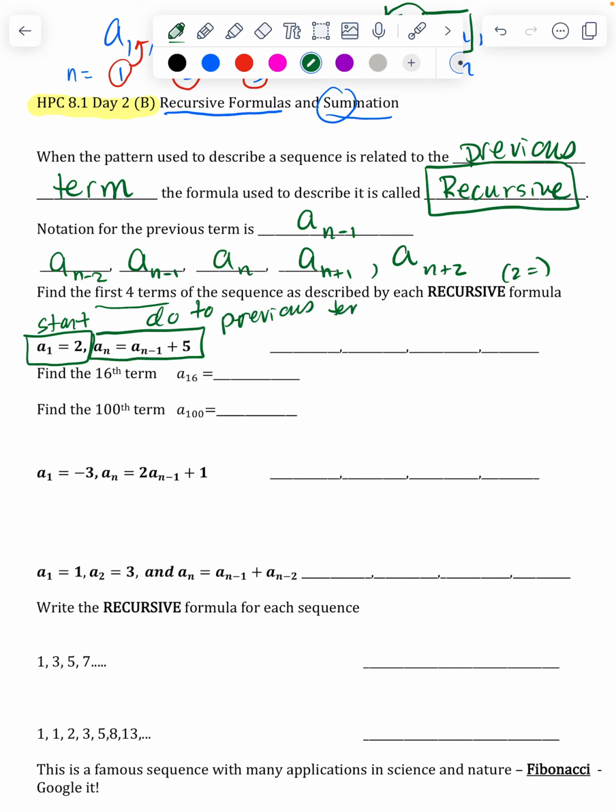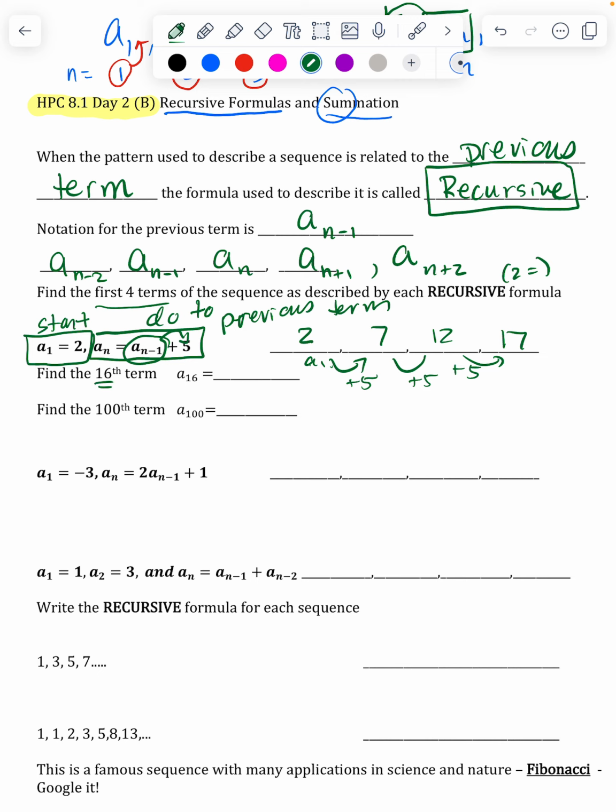In this case, it says start with 2. A sub 1 is 2. Then it says take the previous term and add 5. So if I take 2 and I add 5, I'll have a 7. If I add 5, I'll have a 12. If I add 5 to that, I'll have a 17. And you could keep going pretty easily.